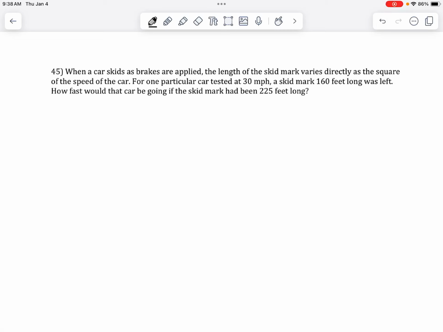Well, here's another good variation type problem. If you're driving your car and you don't have anti-lock brakes, or perhaps even if you do sometimes, you hit the brakes really hard, then you're going to leave a skid mark. So what's the length of the skid? So the length, and for that, I'll just use L. It varies directly, so that means it's constant times the square of the speed of the car.